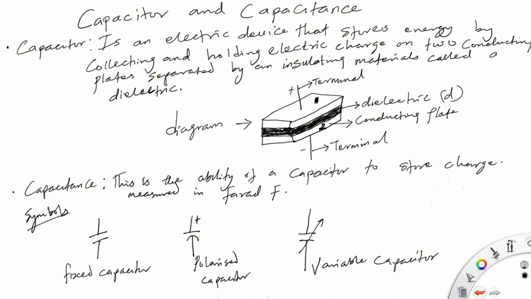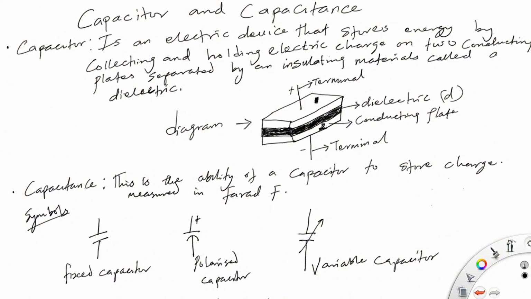That's an insulating material that separates plate 1 and plate 2. The dielectric is represented by D, and on plate 1 you can see a terminal, that's the positive, and on plate 2 you can see another terminal, the negative, and these in turn can be connected to electrical energy for different purposes.